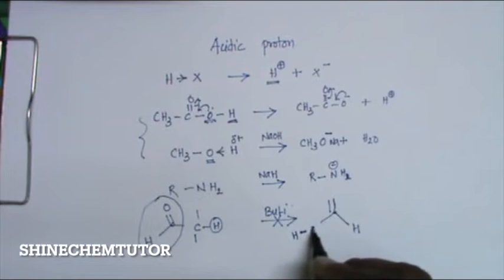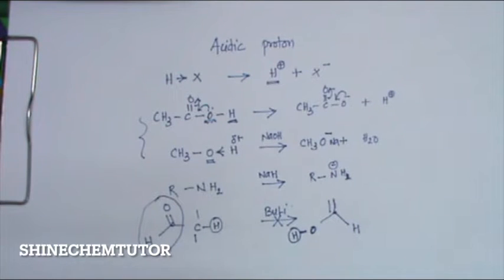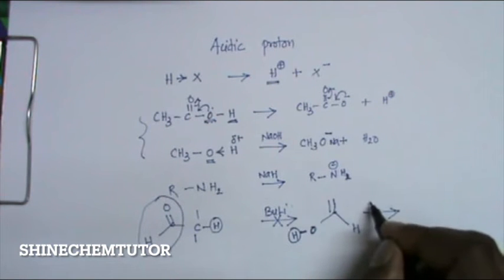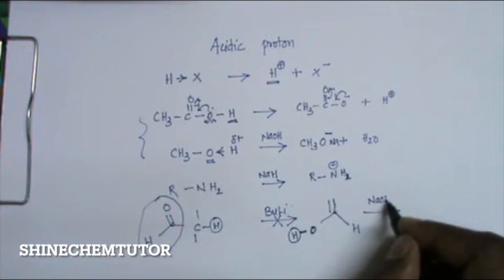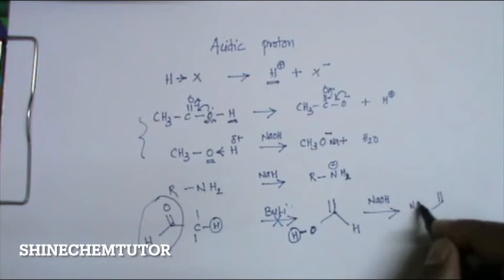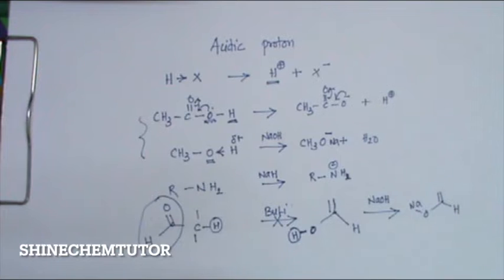Since it is attached with oxygen, this will be somewhat more acidic. You can visualize like this also. So, when I add a base like sodium hydroxide, I get the enolate. So, as such, the hydrogen in alkane is not acidic. But when I attach electron withdrawing group, the alpha hydrogen will be acidic.